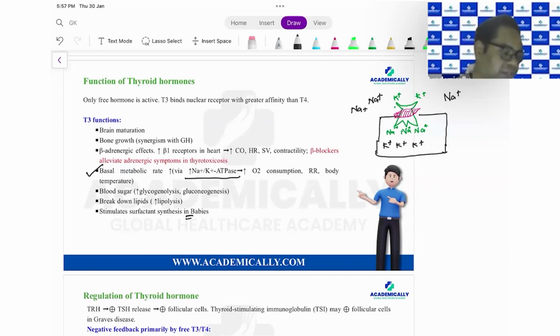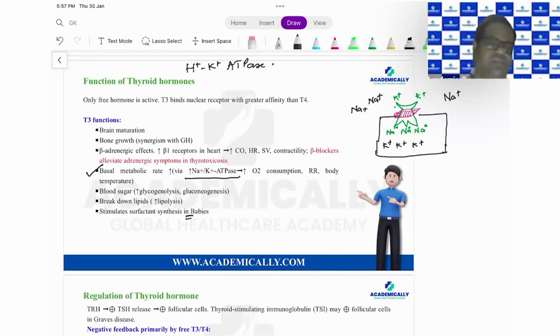Can you tell me any other pump that you know of? Have you heard of something called the hydrogen potassium ATPase pump? Have you heard of this? All right. So tell me, in which organ do you see this hydrogen potassium ATPase pump?